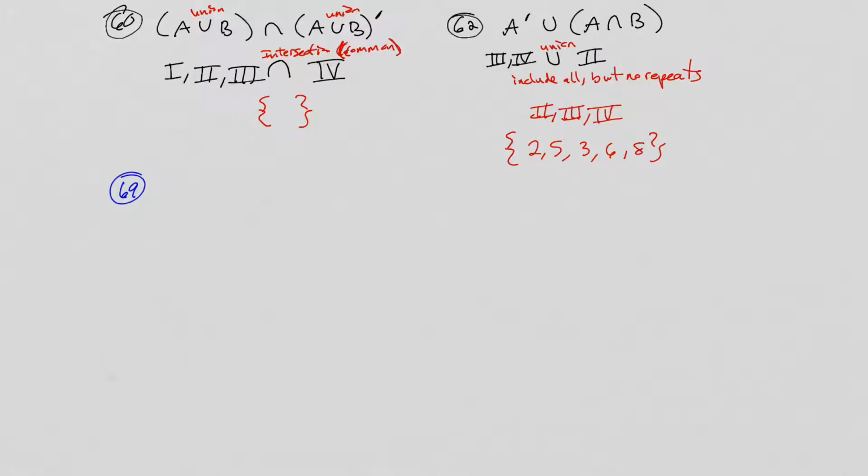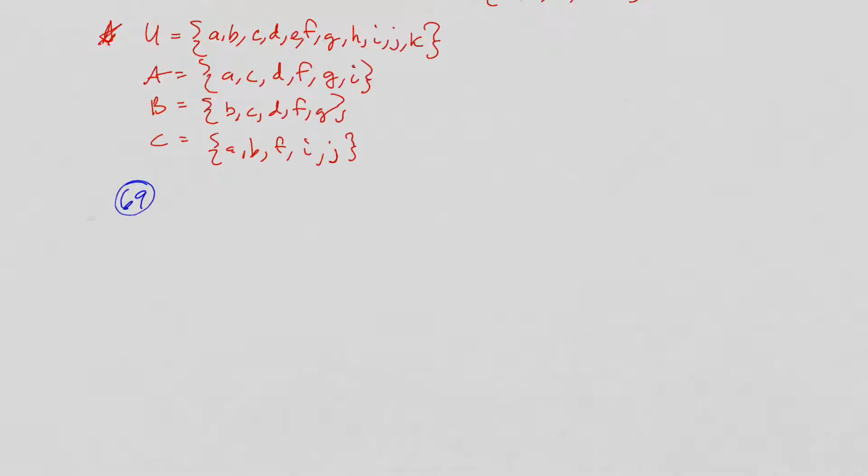So 69 has a lot more stuff in here. So let me take this out and let's go ahead and do set U. I'm gonna go ahead and pause this and come back with this information.